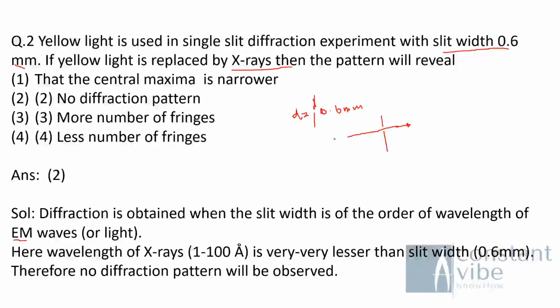When compared to the yellow light, the slit width is of the order of the wavelength of the light, and X-rays have much smaller wavelengths. X-ray wavelength is actually 1 to 100 angstrom, which is very much smaller than the slit width of 0.6 mm.